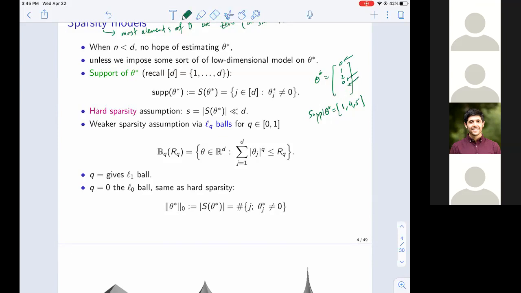The size of the support counts how many non-zero elements there are. So again, let's say theta star is 0, 1, 2, 0, 0, 5, indexed 1, 2, 3, 4, 5, 6.